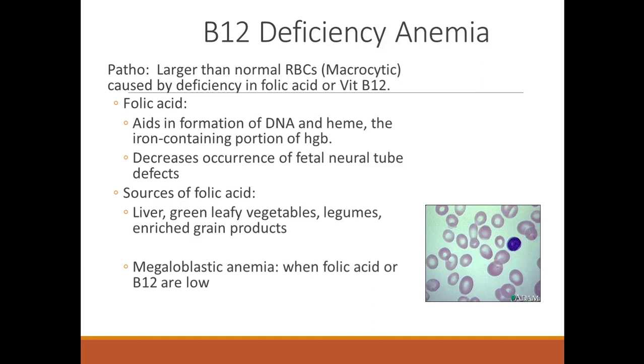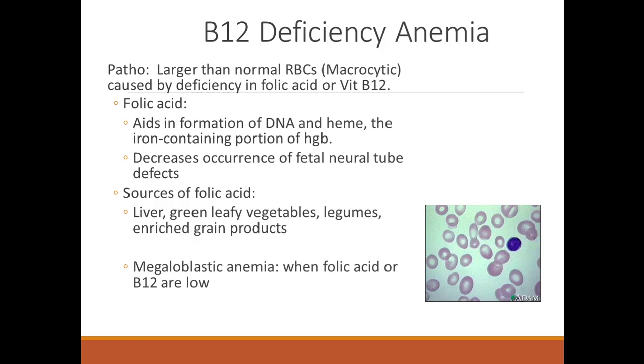B12 deficiency anemia is a macrocytic anemia. These people are not taking in enough B12 or folic acid. Folic acid actually helps in forming DNA and heme, the iron part of hemoglobin. And when people are pregnant, they take folic acid so that there aren't fetal neural tube defects.